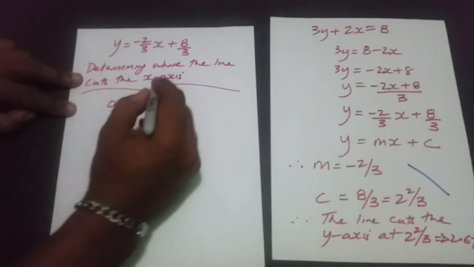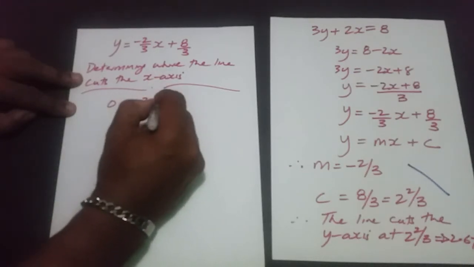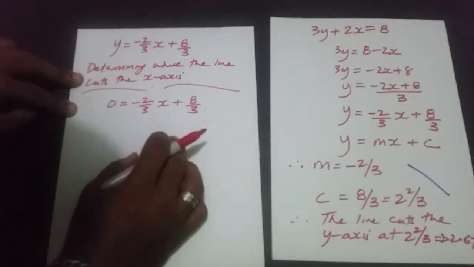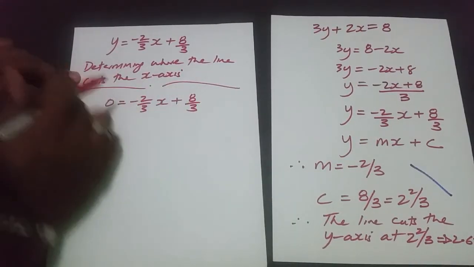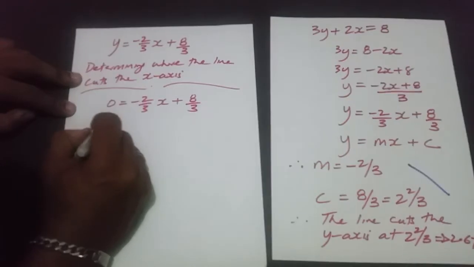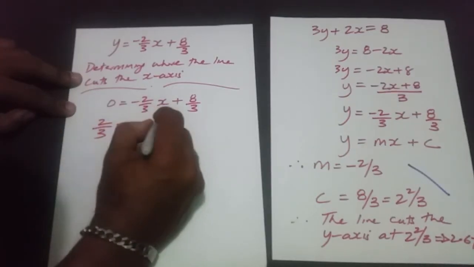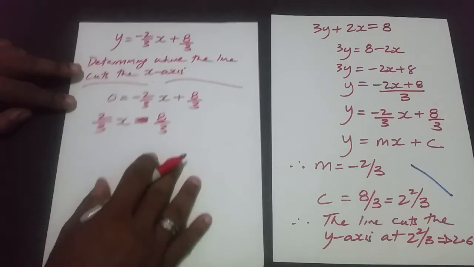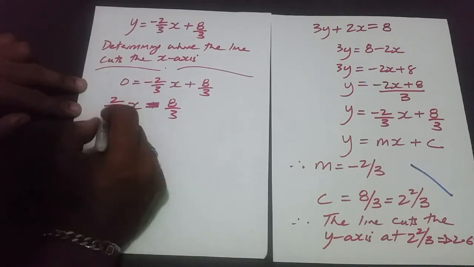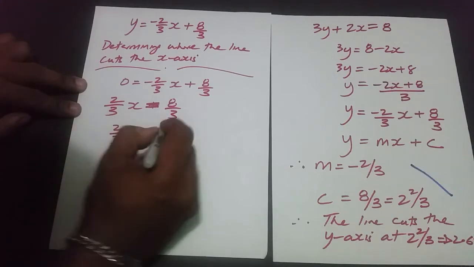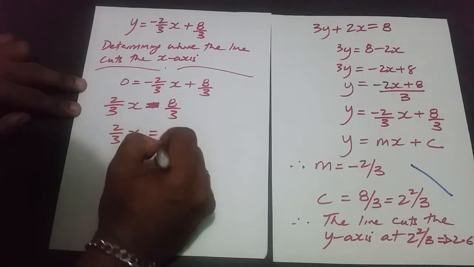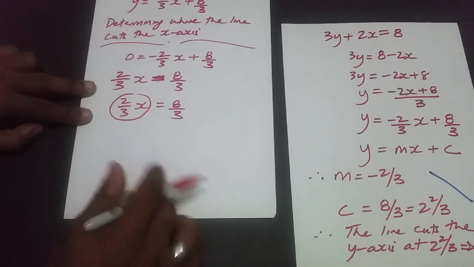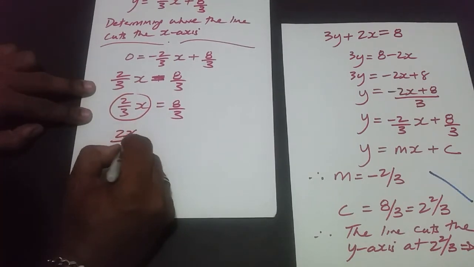So we just substitute y for 0 here, and then proceed in solving for the value of x. So we move this negative term over, it becomes positive. And of course, let me just rewrite this step for clarity. This here, you should know by now, is the same as 2x over 3.